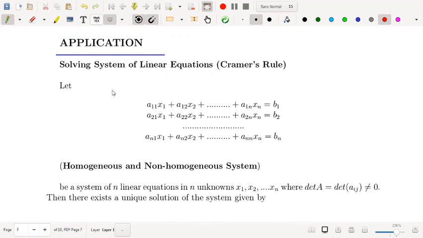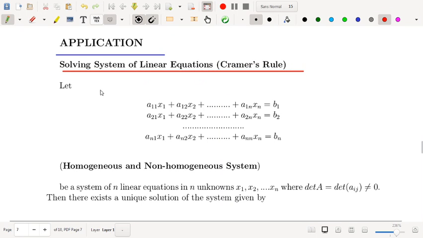Definitely there are applications in computer science, image processing and so on, but a very important real application is solving systems of linear equations, because your target is to solve equations. In class 9 or 10, or maybe even lower, you learned how to solve simultaneous equations by cross multiplication, elimination, or substitution.